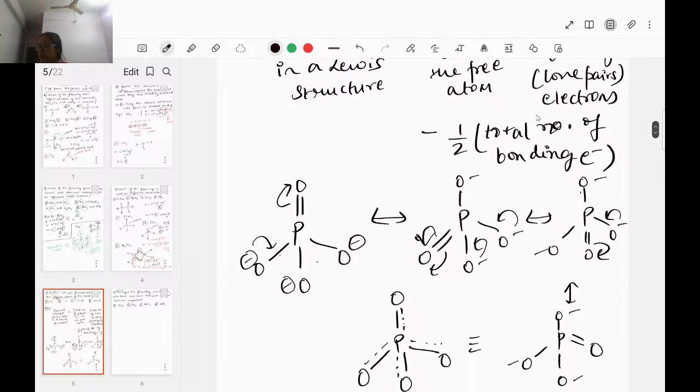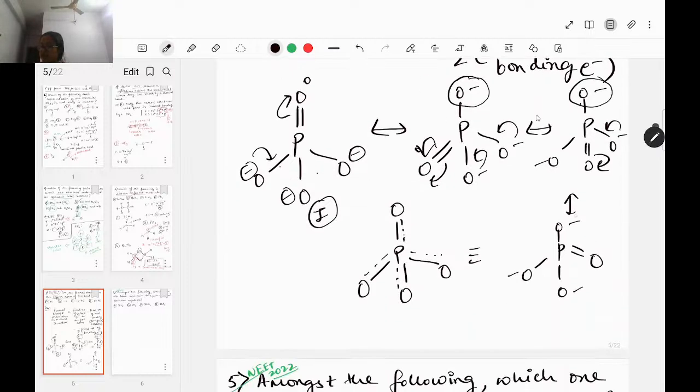Because you can clearly see that in the first structure this particular oxygen is 0. Now in the second structure this particular oxygen has a -1 charge. In this third structure also this particular oxygen has a negative charge, and in this fourth structure also this particular oxygen has a -1 charge.